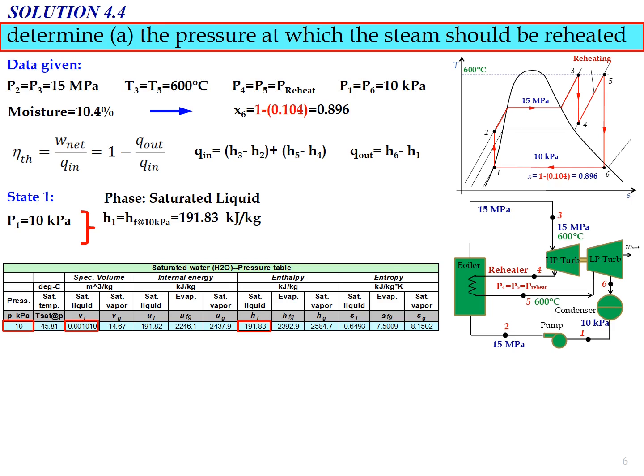And from the table we can also determine the value of v1, where v1 equal to vf at 10 kilopascal, equal to 0.001010 meter cubed per kg. And maybe we will need the value of entropy later on, so we can determine the entropy for state number 1, where s1 equal to sf at 10 kilopascal, equal to 0.6493 kilojoule per kilogram Kelvin.